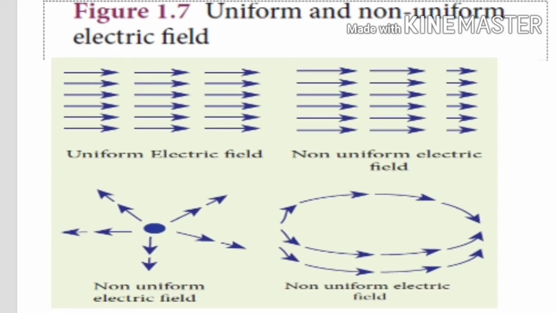But the non-uniform electric field may be represented by the same magnitude but opposite direction, or by the same direction but different magnitude. Usually, the field around the point charge is a non-uniform electric field, which means that when the distance increases around a point charge, there will be a change in magnitude as well as direction.